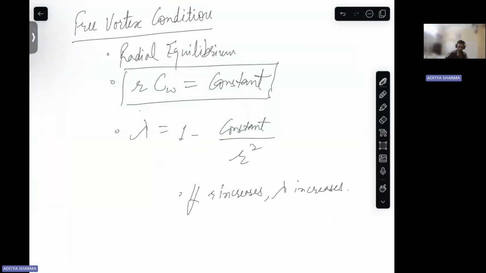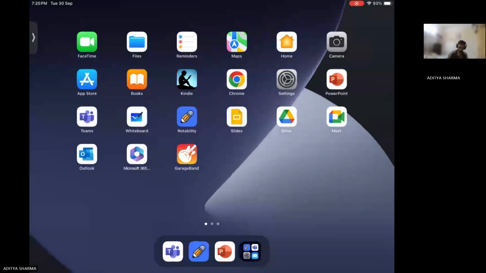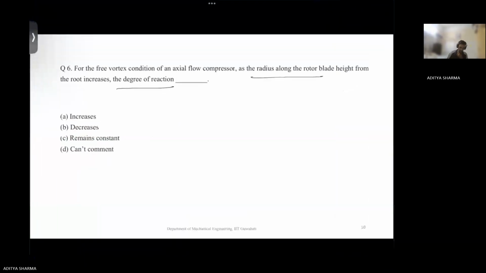If R increases, your lambda increases, because your second term will decrease. R is in the denominator, so this term will decrease. So A is the correct answer to this question.